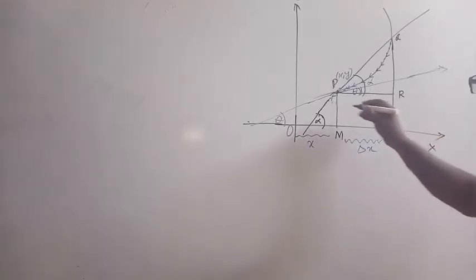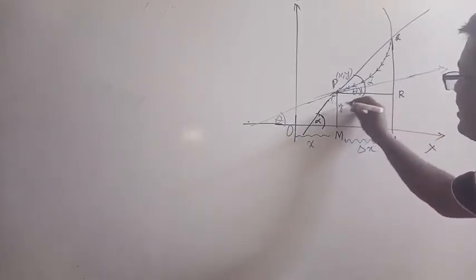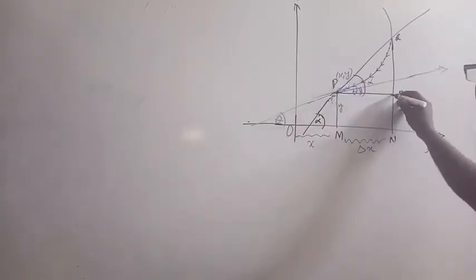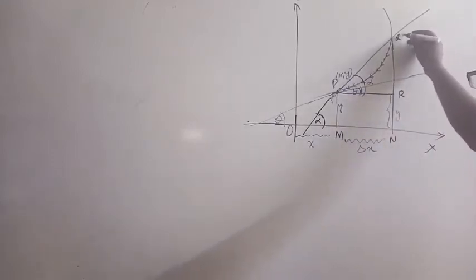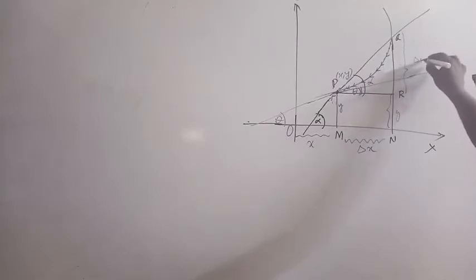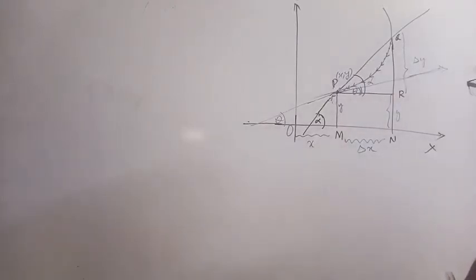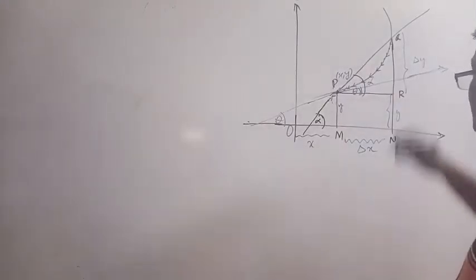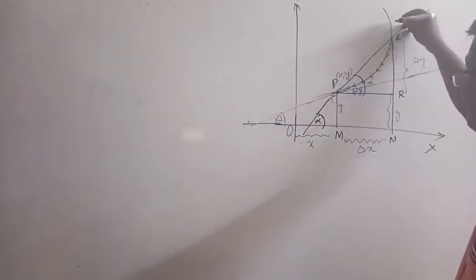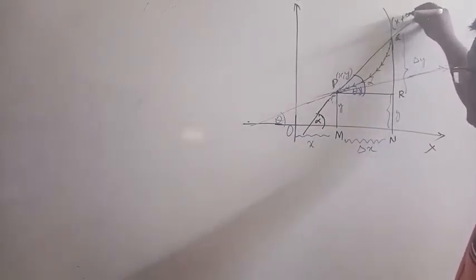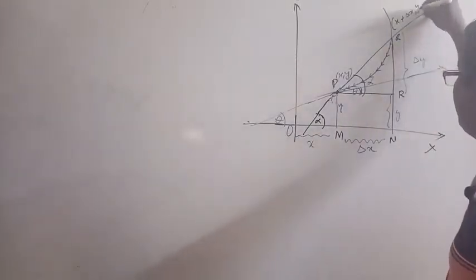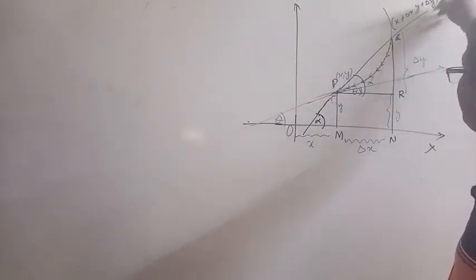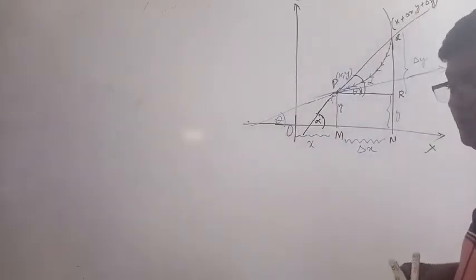And this is the y coordinate, this is y. And suppose this length is delta y. So what will be the point Q? Point Q is (x plus del x, y plus del y).